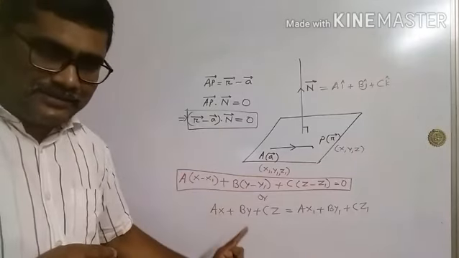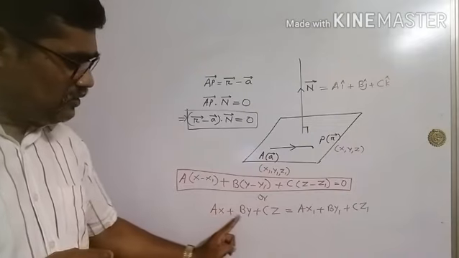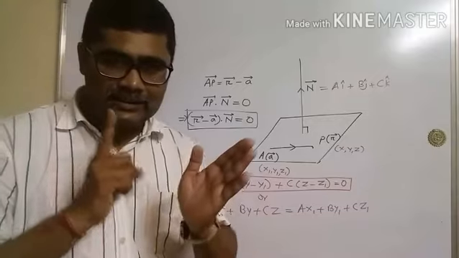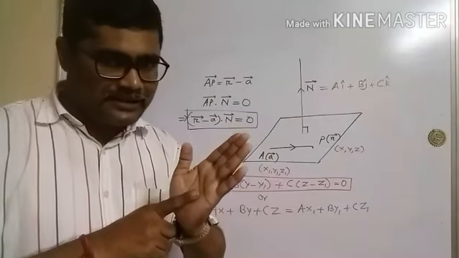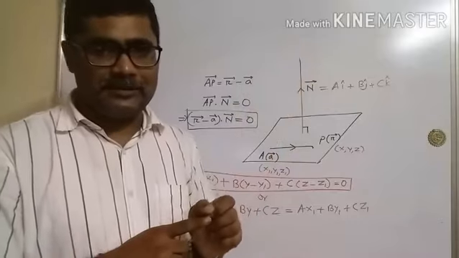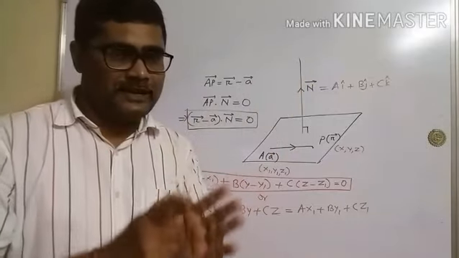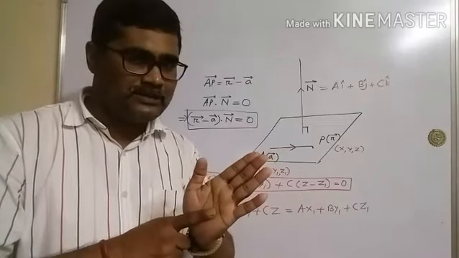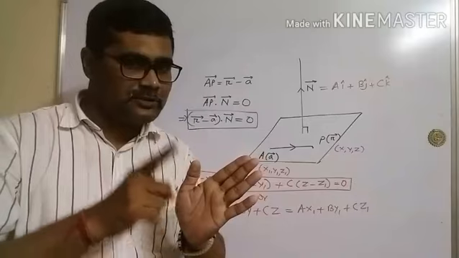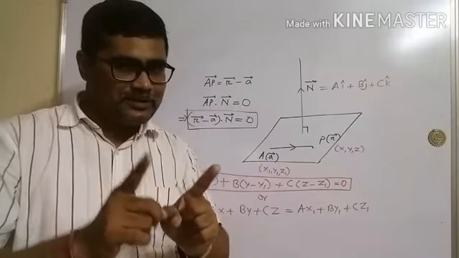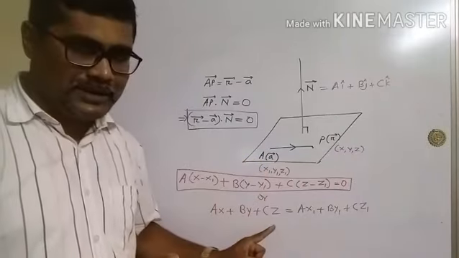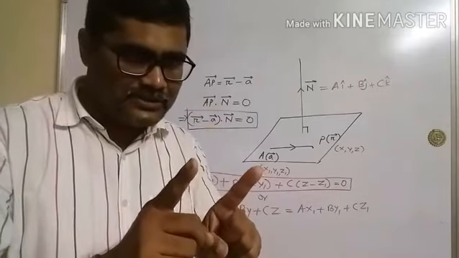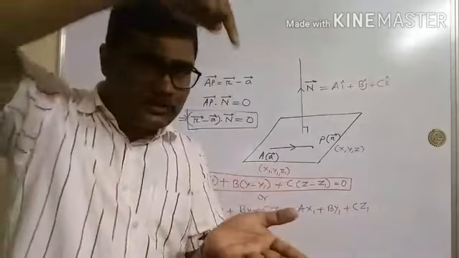Now mind it, the coefficients of the variables a, b, c are the components of that vector which is perpendicular to the plane. Rather, I would say these are the direction ratios of the vector perpendicular to the plane. So always remember, whenever you get any equation of the plane, the coefficients of the three variables represent the direction ratios of a line perpendicular to the plane.